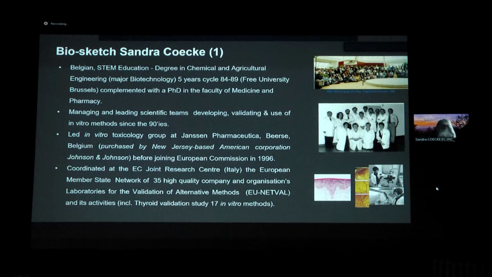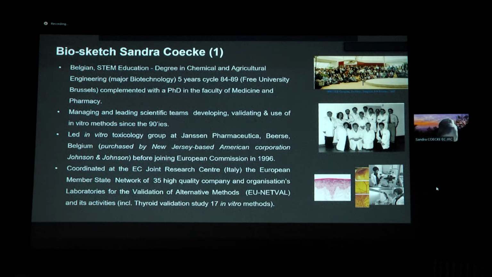Then, thanks to my professor, Vera Rogiers, she got in contact with the pharmaceutical industry in Belgium, Janssen Pharmaceutica, and they had been working a lot with animal models. They had a big tox department, but they had a small group that started to embrace some of the in vitro cell and tissue culture methodologies and some alternatives for getting a better grip on mutagenicity.